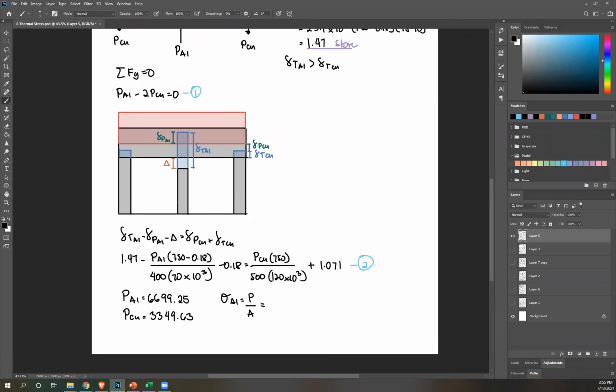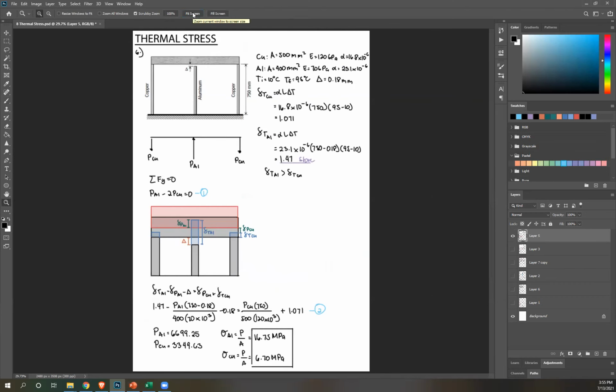And you should get 16.75 MPa. And then stress in your copper, also P over A, and that's 6.70 MPa. And that is number 6.